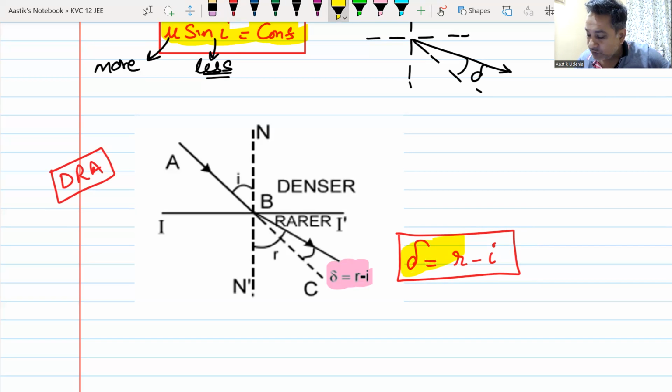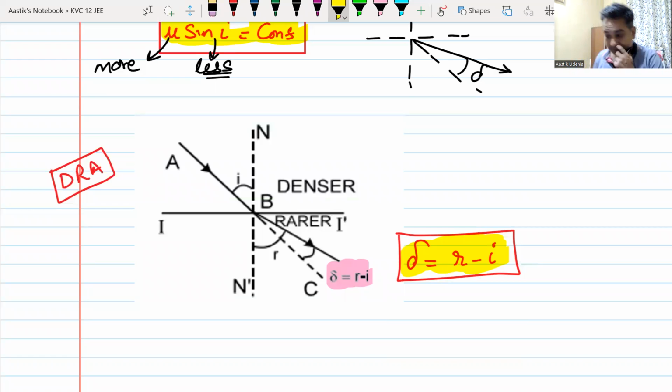I'll give you 1 minute to note this down, because if you have understood what happens when it moves from denser to rarer, the other part becomes very simple. What will happen when it moves from rarer to denser? It bends towards the normal. Well done, my dear friends, and that is going to come on the next page.